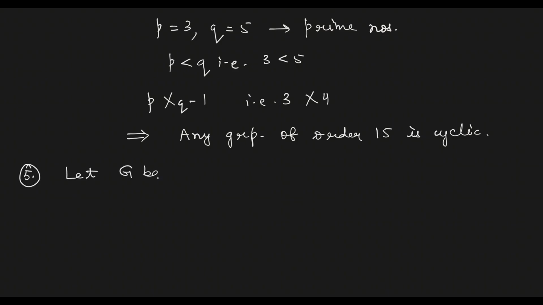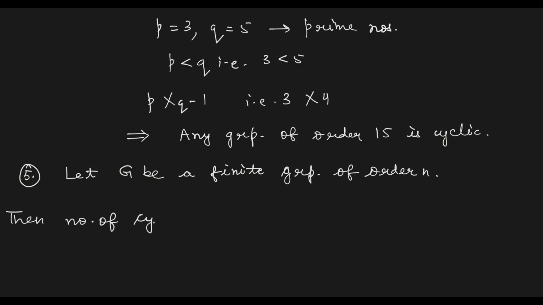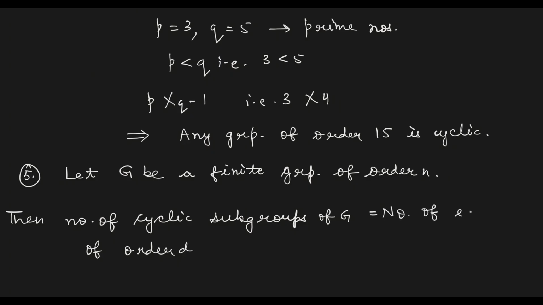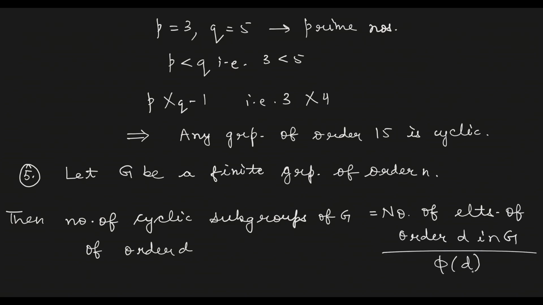Let G be a finite group of order n. Then the number of cyclic subgroups of G of order d is equal to the number of elements of order d in G divided by phi d.